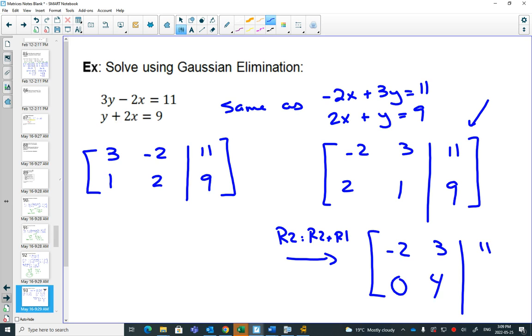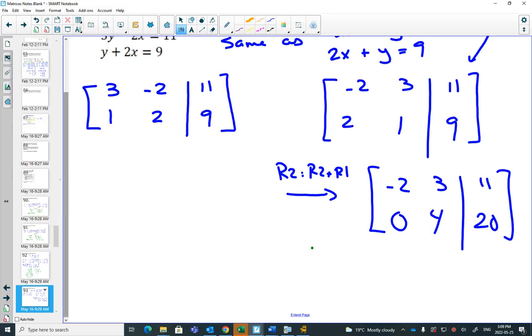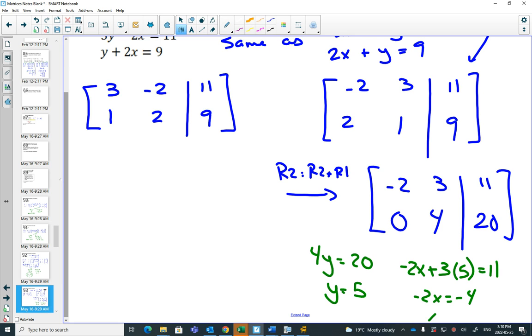Add them, add them, add them. And so you would get 4y equals 20, y is equal to 5, negative 2x plus 3y equals 11, negative 2x equals negative 4, x is equal to 2. And we get 2 comma 5.